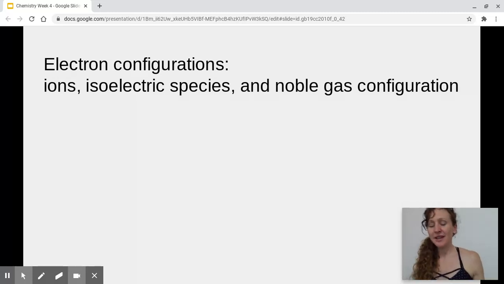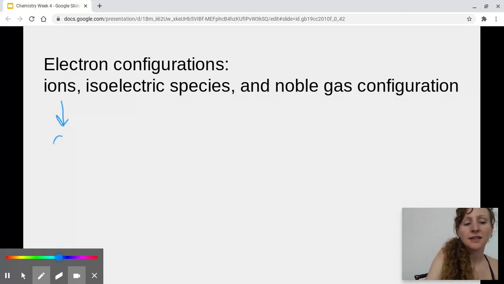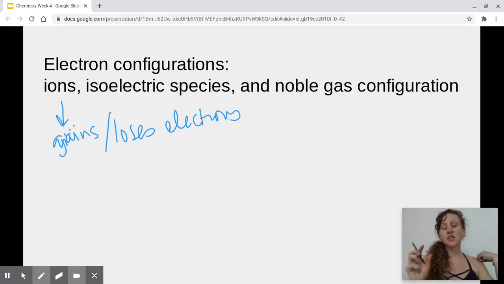So let's get started. First of all, talking about ions. We talked about what an ion is in the beginning of our class, and we talked about how an ion is something that either gains or loses electrons. Because electrons weigh so little, that doesn't change their mass at all. What that changes is their charge.